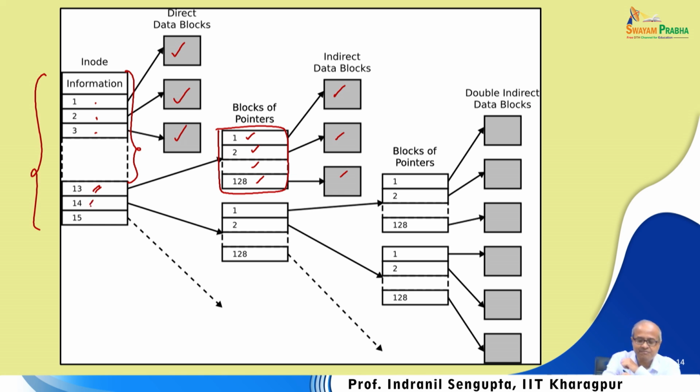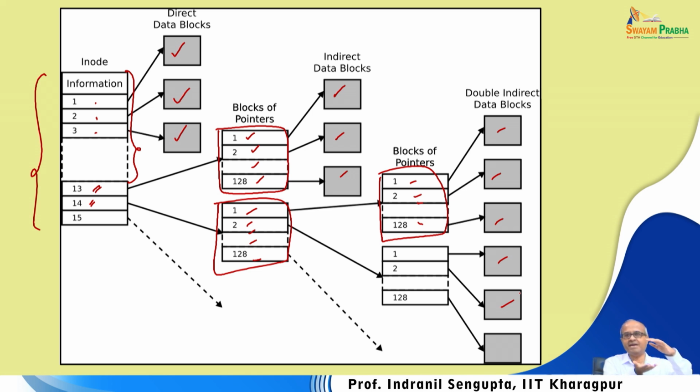And entry number 14 is double indirect. Double indirect means there is an indirect block which contains pointers, they point to many blocks, they are also indirect blocks, they also contain pointers, and then finally you have the disk blocks. So, let us take an example, if a disk block can hold k number of disk pointers, then a single indirect block can store information about k disk blocks.